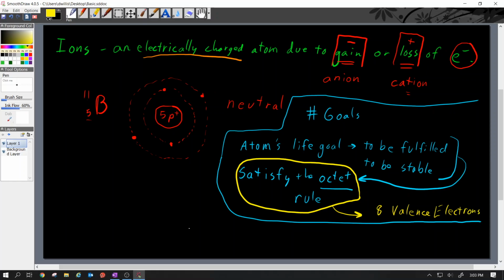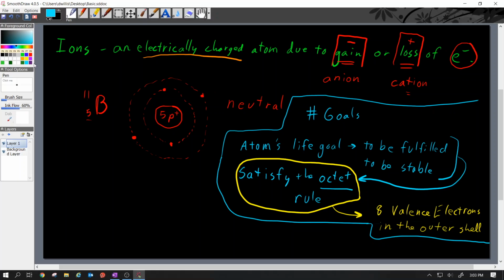Eight valence electrons in the outer shell, or in the outermost shell. All right, so 8 electrons in the outer shell. Boom. All right, questions about that? Now, there's a couple of ways that this can happen.